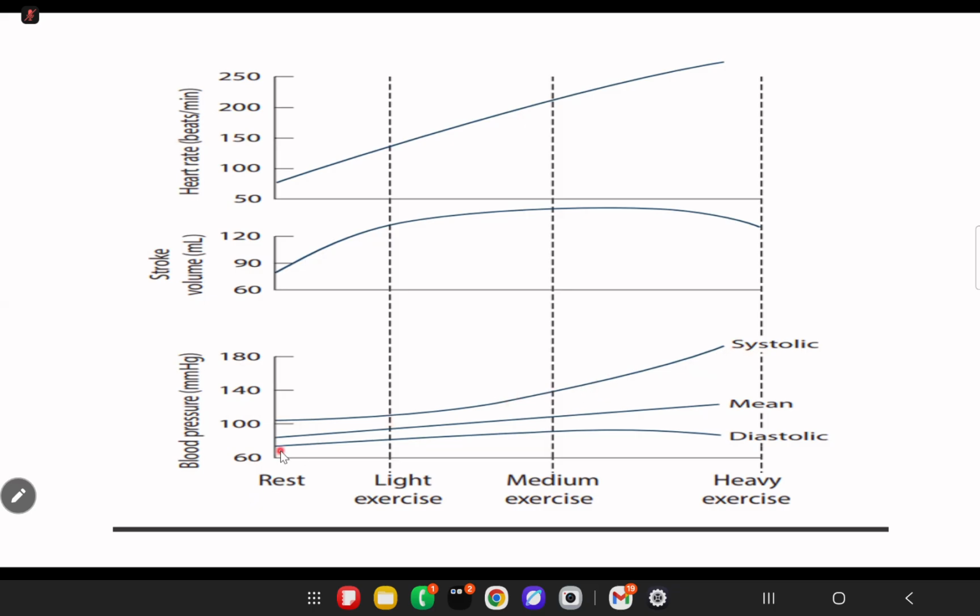But your diastolic blood pressure, which increases marginally during light and medium exercise, then plateaus off and starts dropping with heavy exercise. Therefore, your pulse pressure increases with increasing severity of exercise, but your mean arterial pressure continues to rise very slowly with increasing exercise.